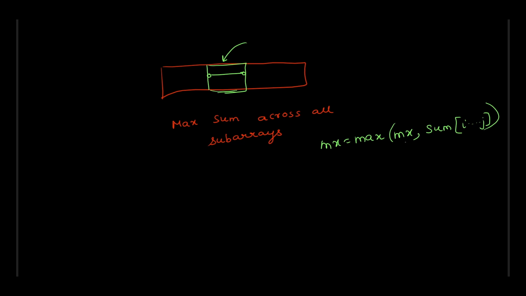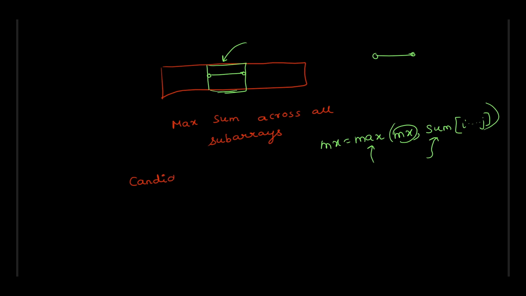So what exactly are you doing here? Notice a pattern: every time you explore a subarray, you kind of believe that this has to be the maximum, and then you retrospectively correct your decision by taking this max over here. So behind the scenes, we are creating a list of candidates.